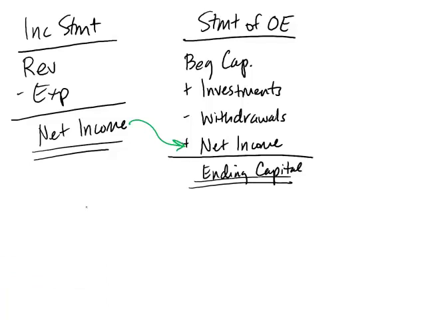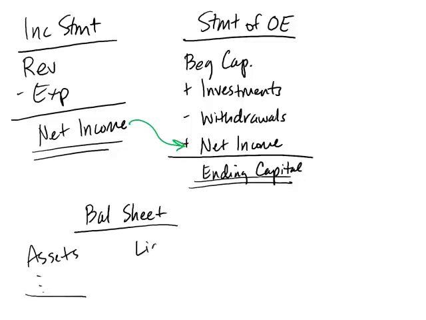All right, and the last one is the balance sheet. We're going to have assets. We're going to list those out and get a total. And then we're going to have liabilities and equity. List those out and get a total. And these will balance. So we should get $26,450 on each side there.